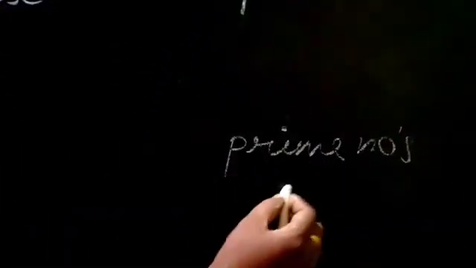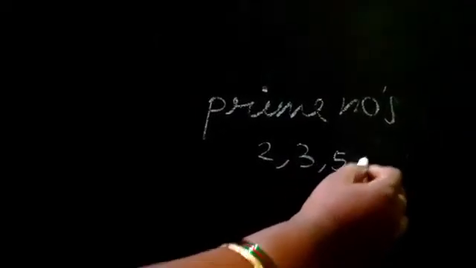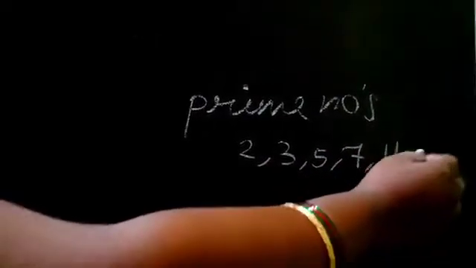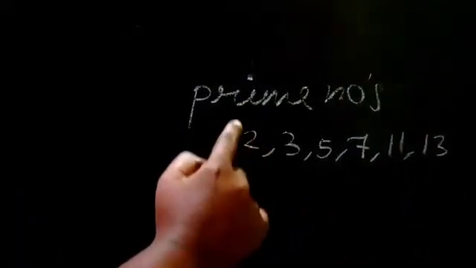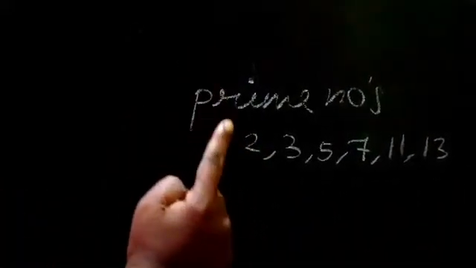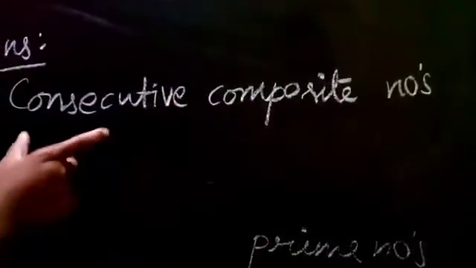Prime numbers means 2, 3, 5, 7, 11, 13, like this. They will come in the same table only once. Remaining all the numbers are called composite numbers.